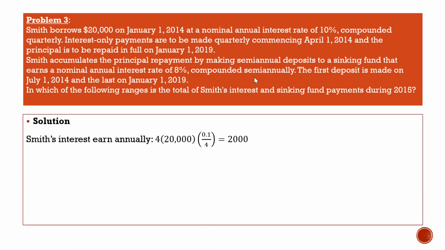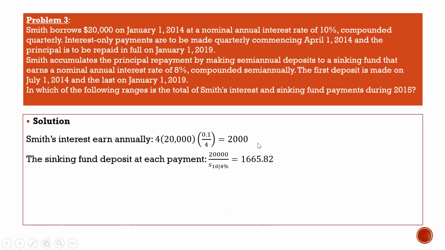So first, the interest earned annually by the lender is 4 times 20,000 times 0.1 divided by 4, because each quarter we earn 0.025 times 20,000. A year has 4 quarters, so during a year the interest paid to the lender is 2,000.